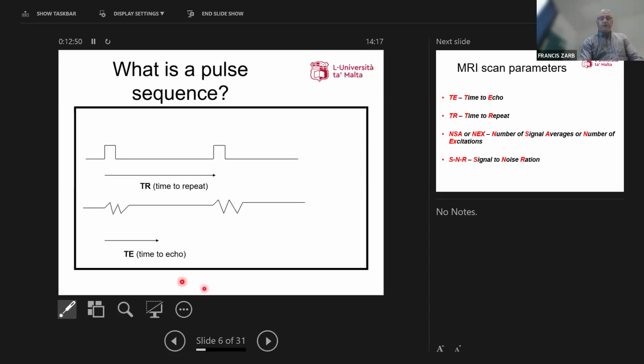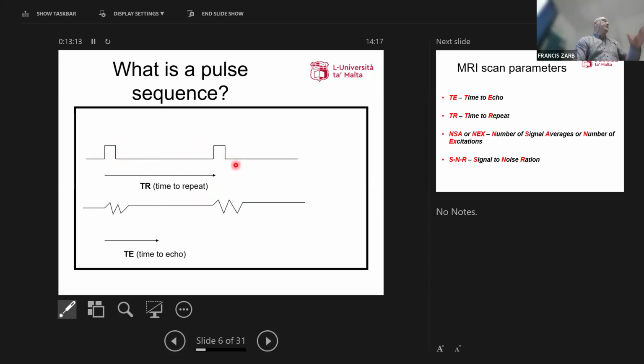Here we repeat: you have the pulse sequence or a cluster of pulses, not necessarily one. The time to repeat, the same cluster, it's the same cluster, not a different cluster. You cannot have a cluster and then in the TR have a different cluster.